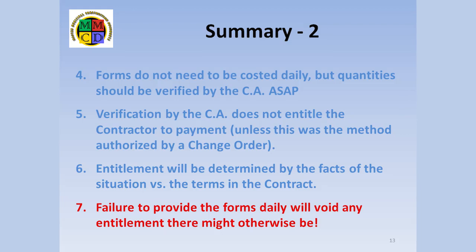Entitlement will be determined by the facts of the situation as compared to the requirements of the contract documents. 7. Failure to provide the forms on a daily basis will automatically void any entitlement which might otherwise exist. In short, no forms, no pay.